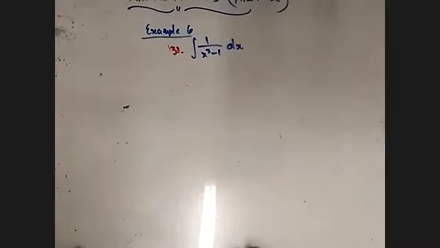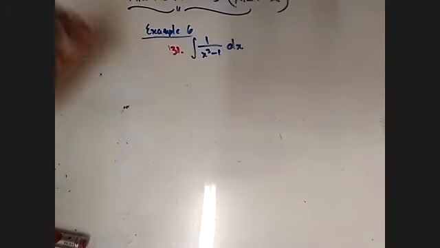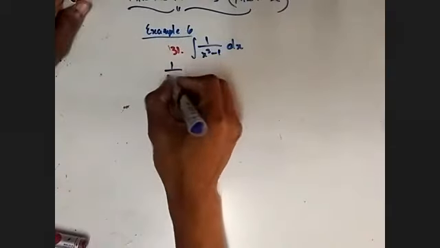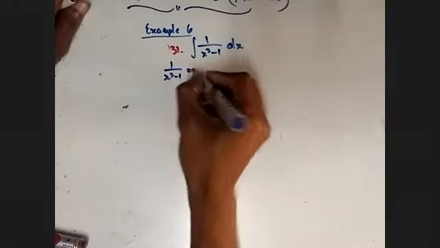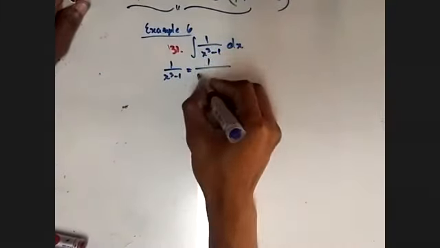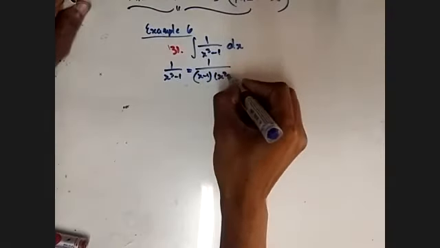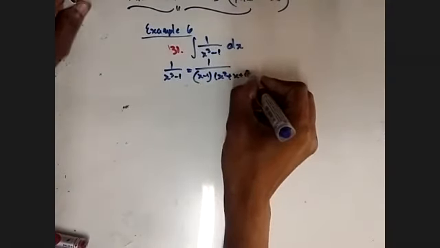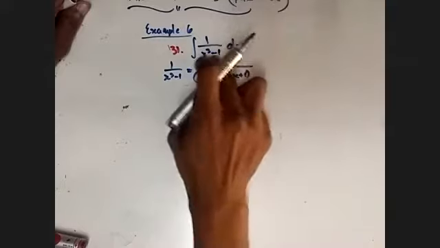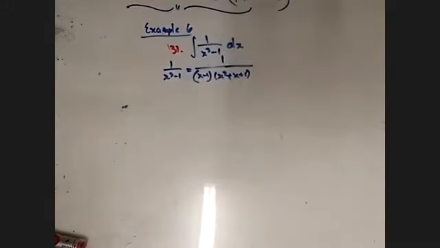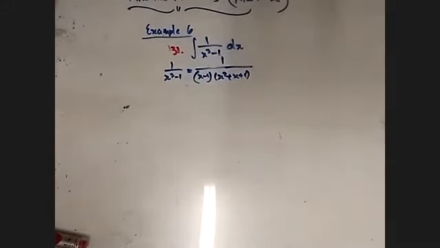Okay, so we're going to have 1 over x cubed minus 1. I said you can write this as x minus 1 times x squared plus x plus 1. Is this as true as I say it is? We're going to check.